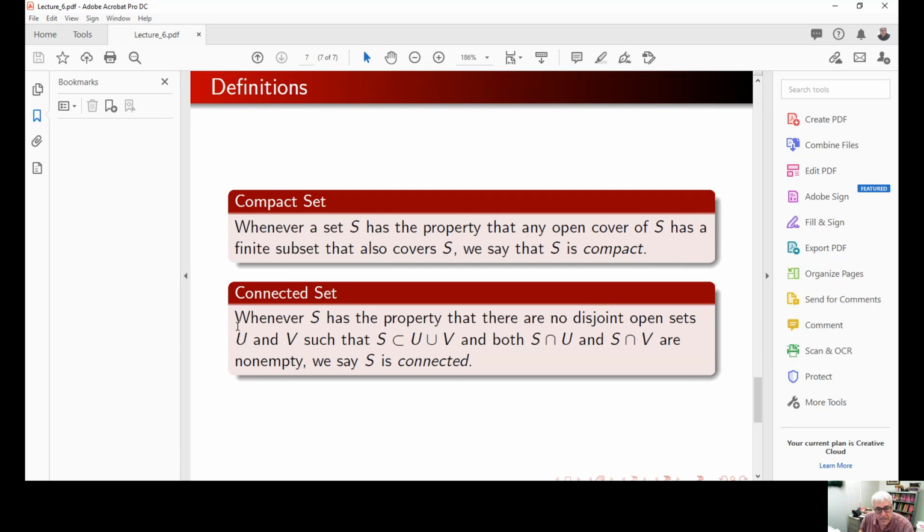And a set is connected: we say S is connected whenever there are no disjoint open sets U and V such that S is contained in U union V and both S intersect U and S intersect V are non-empty. So this is basically saying we can't separate S into two different pieces. We can't get them separated under different open sets.